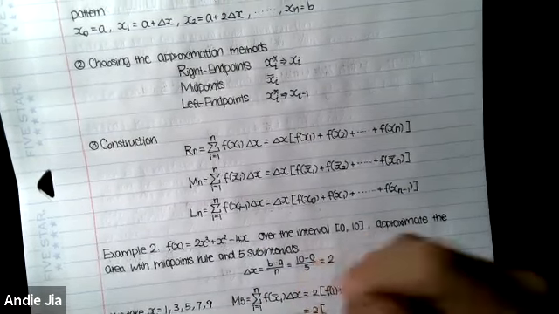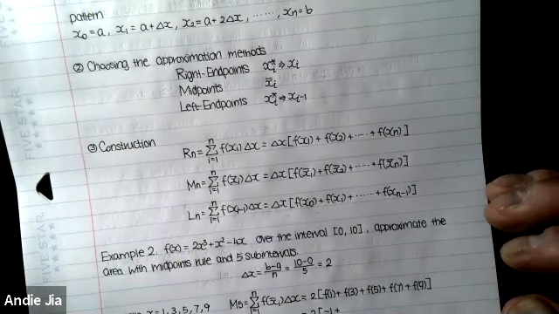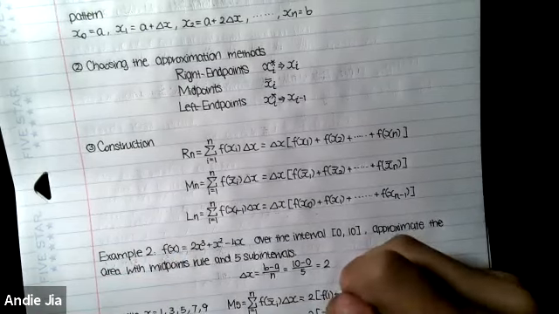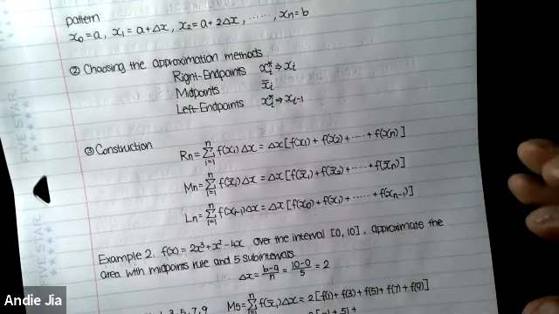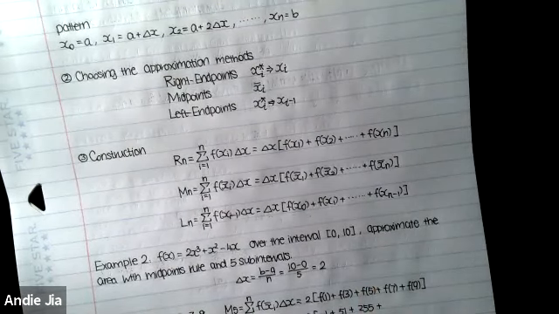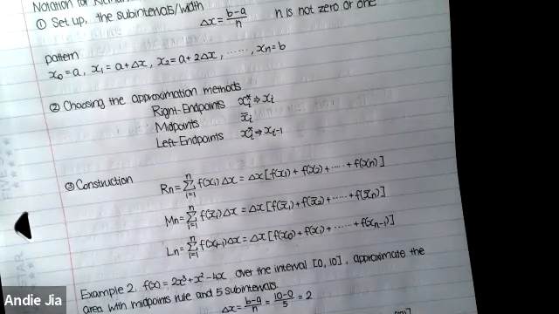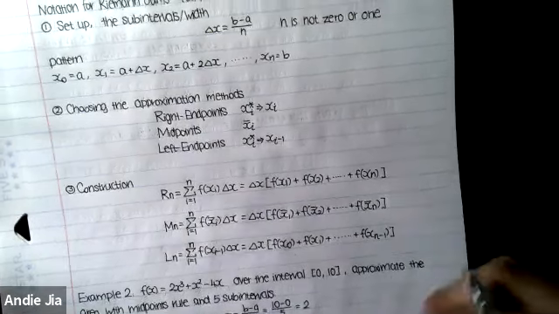So f(1) is 2 plus 1 minus 4, which is negative 1. f(3) is 54 plus 9, 63, minus 12, is 51. f(5) is 250 plus 25, 275, minus 20, is 255. f(7) is 686 plus 49, 735, minus 28, is 707. f(9) is 1458 plus 81, minus 36, is 1503.